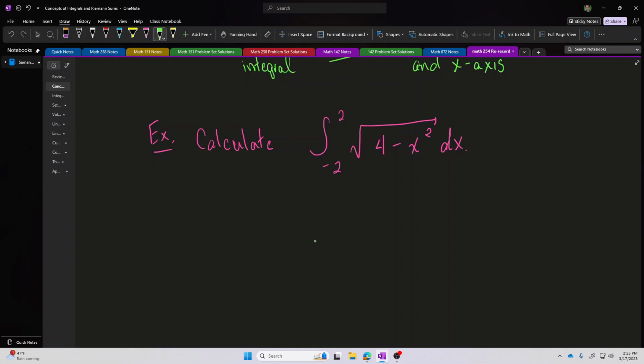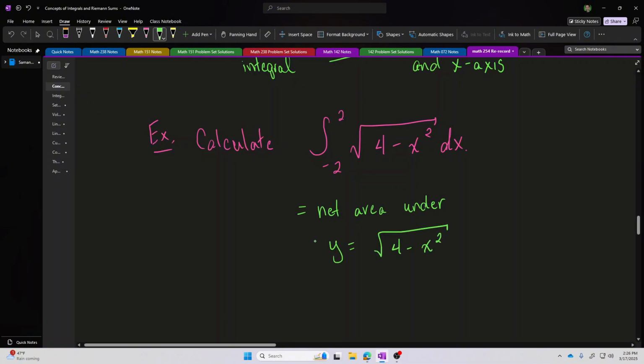Instead, let's use the fact that this definite integral is equal to the net area that is under the graph of the function I'm integrating for x values between the two limits of integration, -2 and 2.